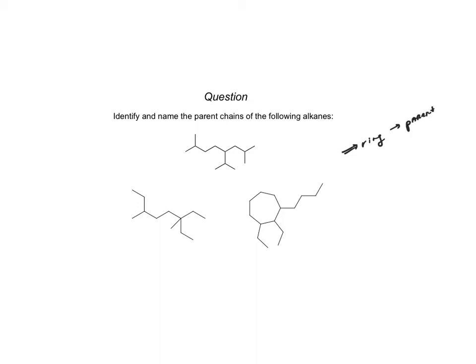So if I drew my nice cyclobutane, and then off of it I drew a substituent, this guy is our parent chain, and this just counts as a substituent off of it, right? So the parent here would be cyclobutane, and then this thing doesn't get counted as the parent chain. It just gets counted as a substituent, okay?